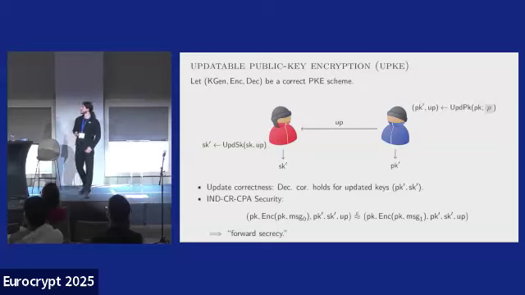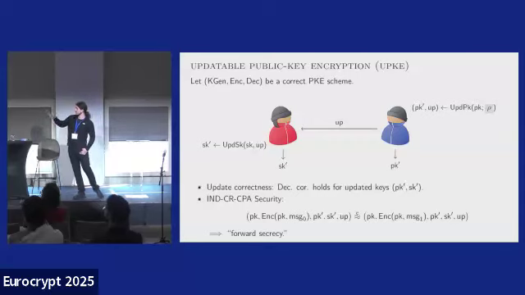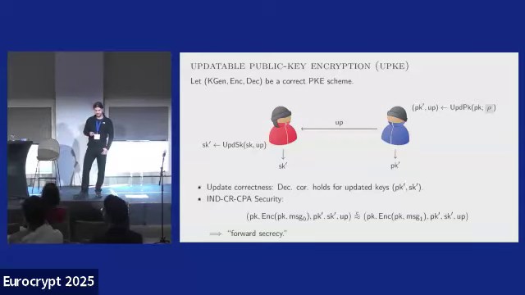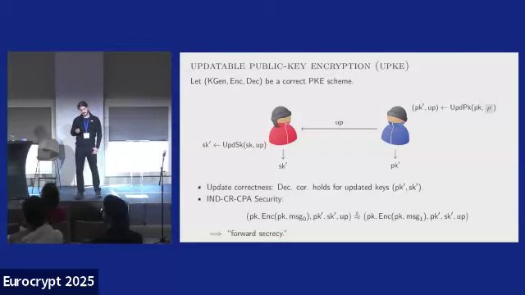Right. So the correctness notion we require is that after every honest update, the new key pair is also valid, so it admits decryption correctness. And the security notion we consider is this extension of the CPA security notion called indistinguishability under chosen randomness, chosen ciphertext attacks, which essentially states that after a compromise, denoted here by a leaking of the updated secret key, old messages adversarially chosen, their ciphertexts remain indistinguishable.